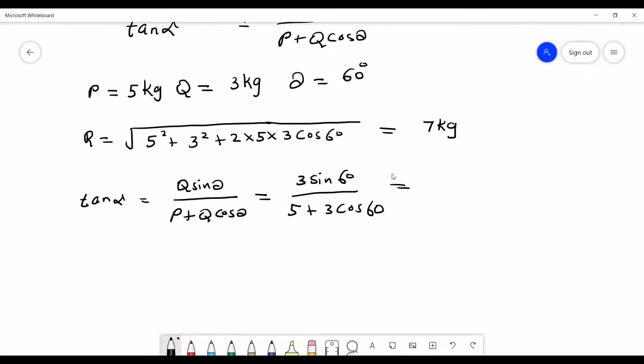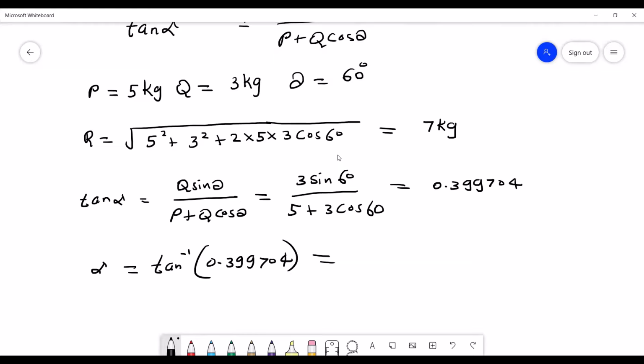So we are getting 0.399704. When we find alpha, alpha will be tan inverse 0.399704. Whatever we get in the calculator, take it as such.